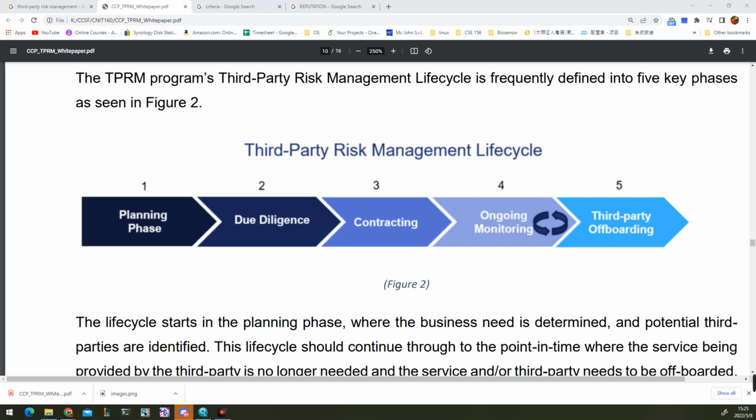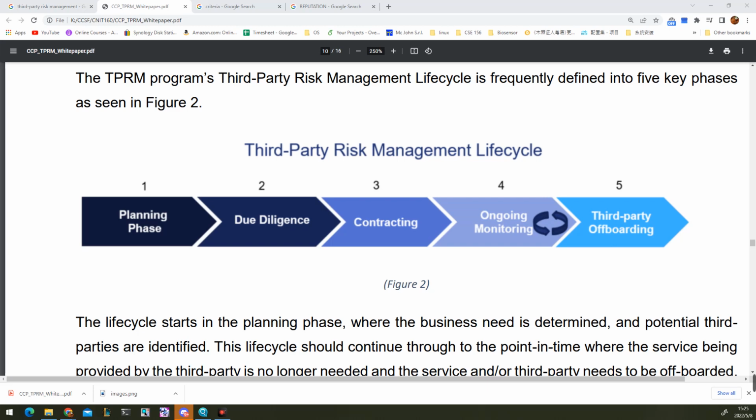An example is the due diligence phase, where the team usually collects due diligence evidence from the third party, which may include a third party risk questionnaire, policy and procedure, financial information, independent audit report, security certification, etc. Each third party's capability and control should be measured against a set of minimum standards.